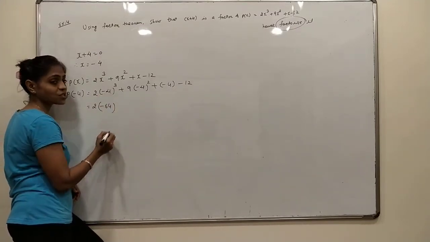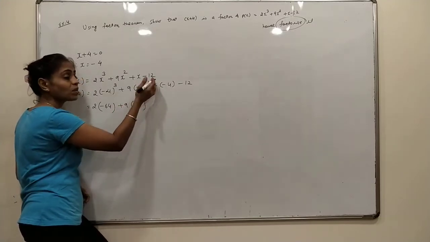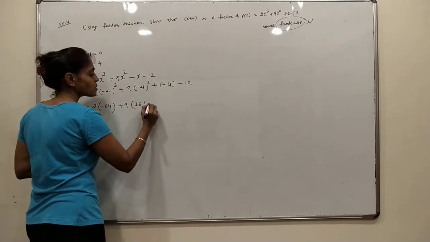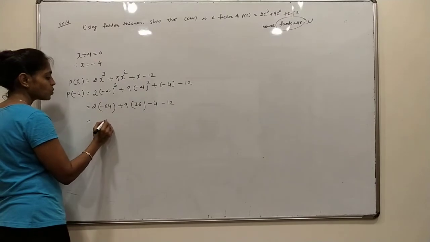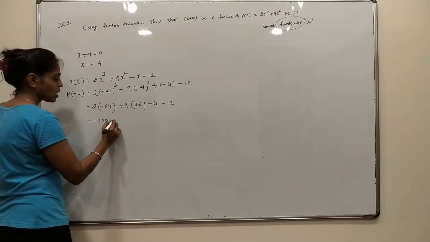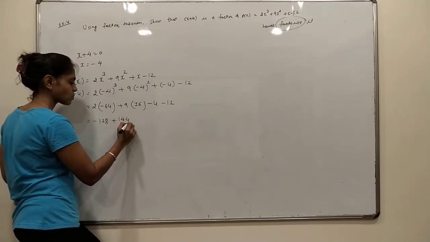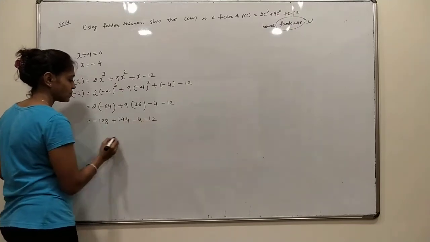64, 4 4s are 16, 4 16s are 64, plus 9. Any negative number square is positive. 4 4s are 16, plus -4 minus 12. 4 2s are 8, 6 2s are 12, is -128 plus 16 9s are 144, I think. 144 minus 4 minus 12.